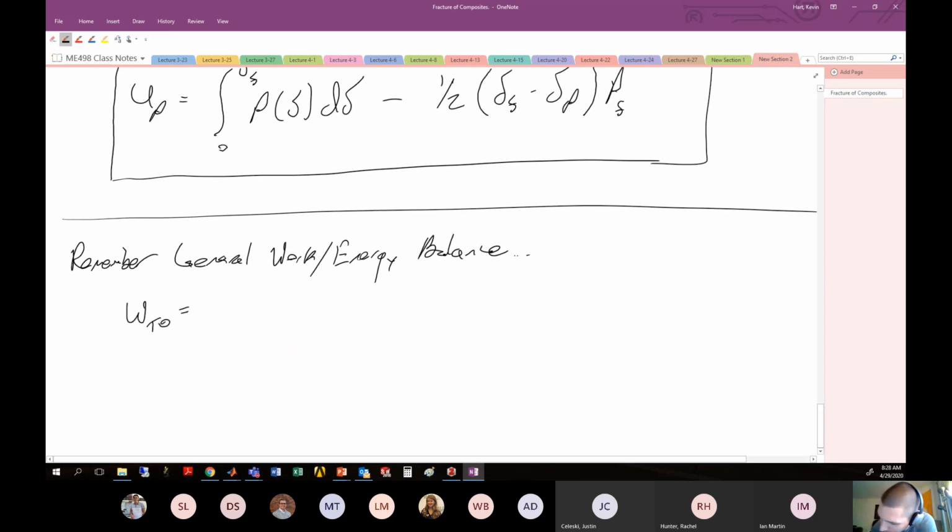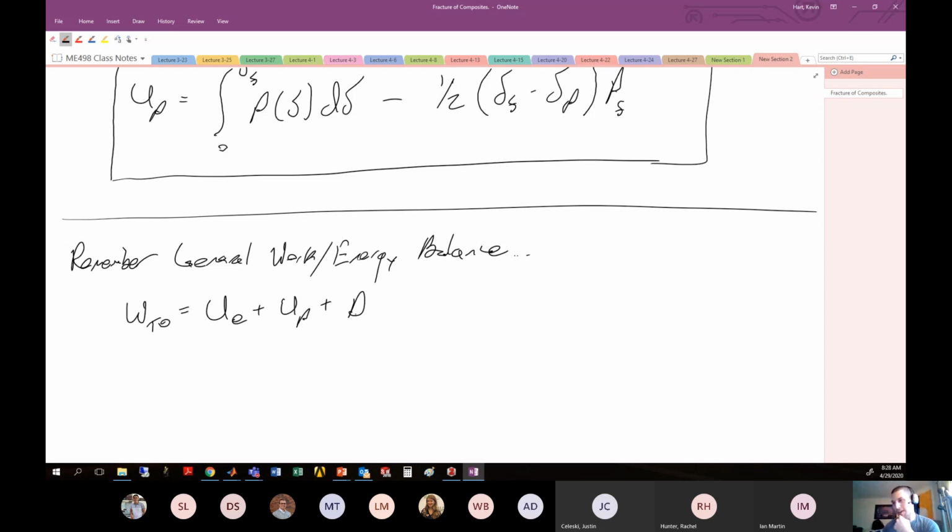So here we have the total work that you put into the sample is the elastic energy plus the plastic energy plus the dissipative work of fracture. And because we're dealing with composites, we will make the assumption in this class that all of the matrices and all of the materials in our composites are going to be brittle, so we will have no plasticity. I will say, in reality, that is not the case.